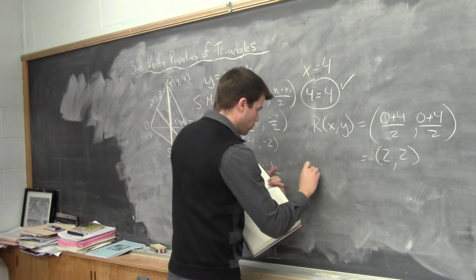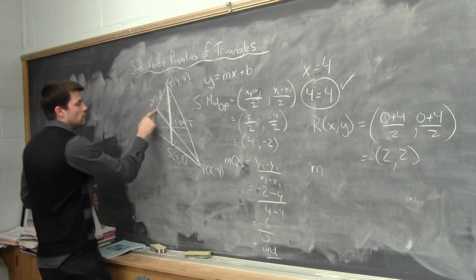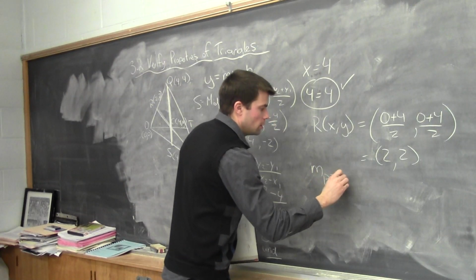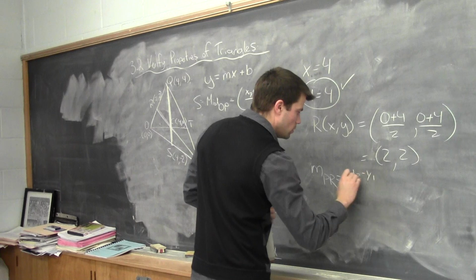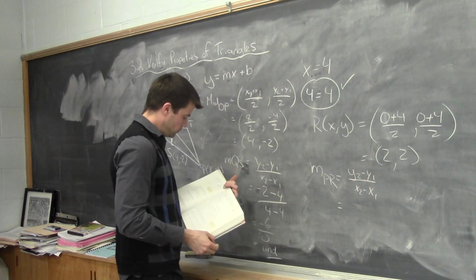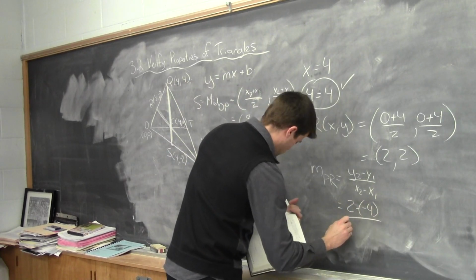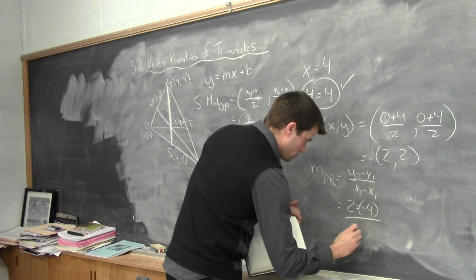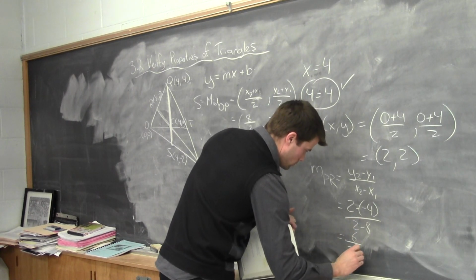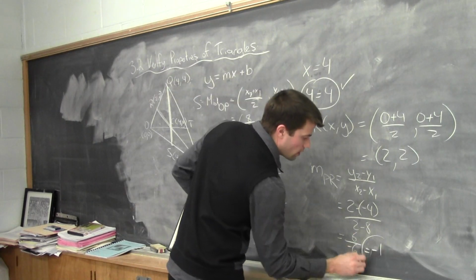Once we have that point, we now want to find the slope of PR. So this point to here. So we're looking for little m PR, and that's going to be equal to our slope formula. So our slope is -1.